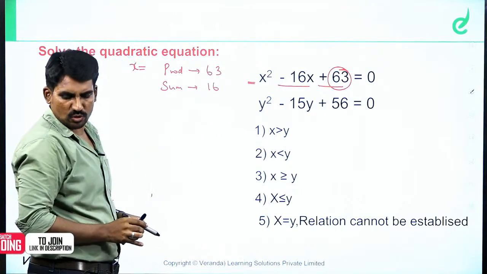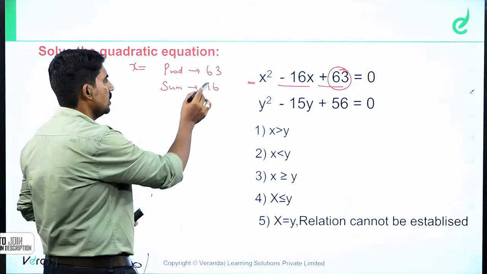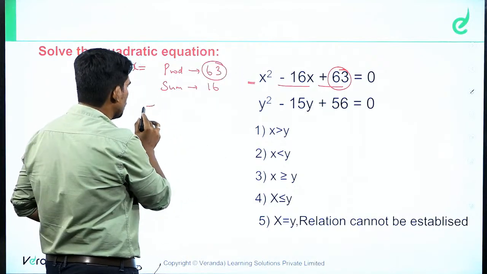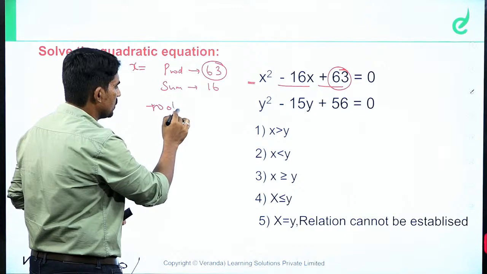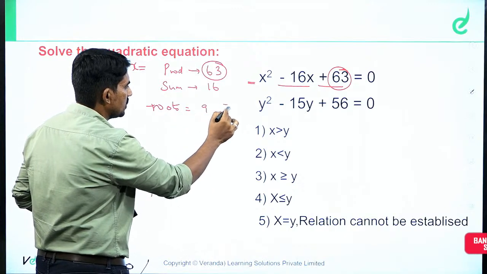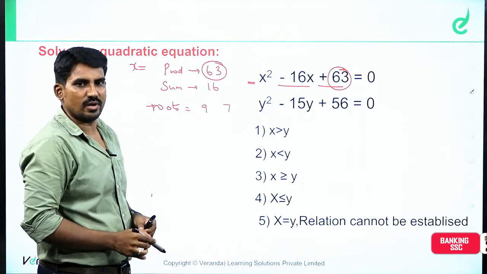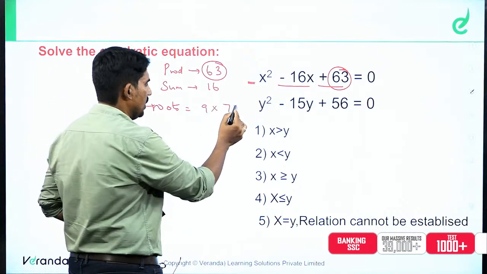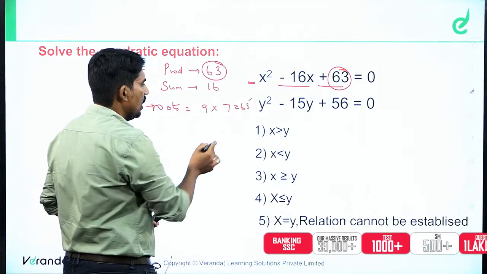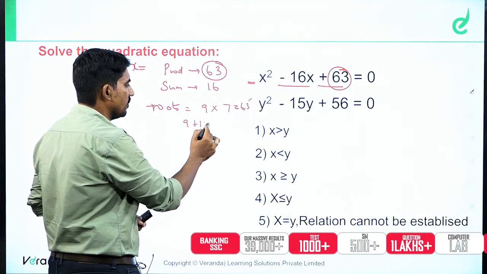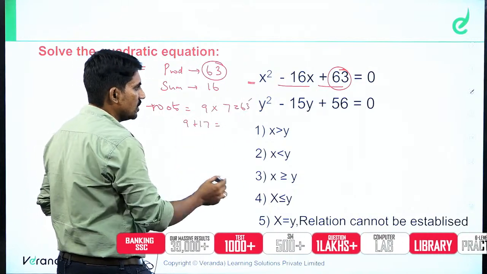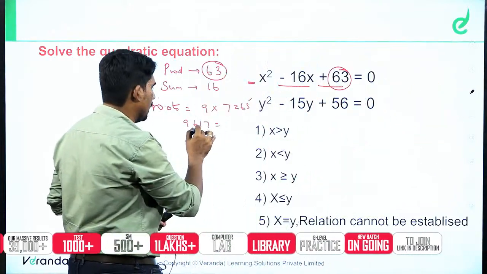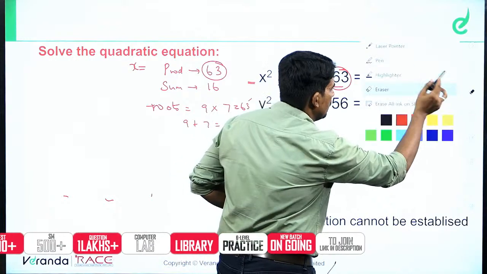What numbers can we choose? Shall we select the roots as 9 and 7? 9 sevens are 63, we are getting the product. 9 plus 7 is 16, we are getting the value 16.